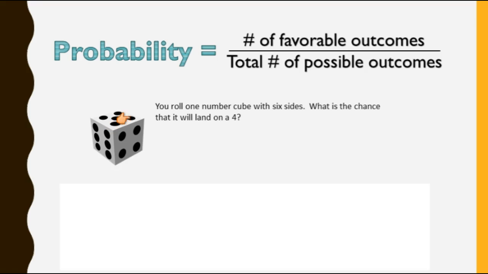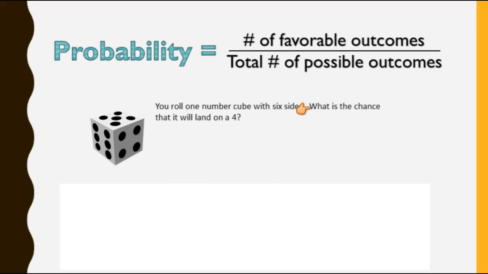So here we go. You roll one number cube with 6 sides. What's the chance that it will land on 4? Well, the way to write that as a probability number is, on top you want the number of favorable outcomes. And that's just a fancy way of saying what they're asking for.